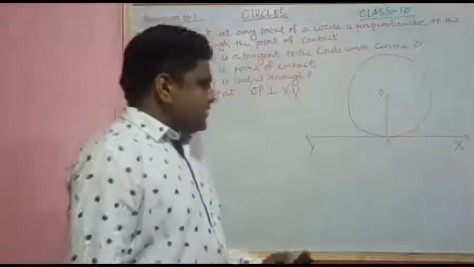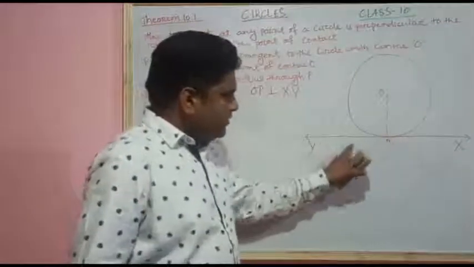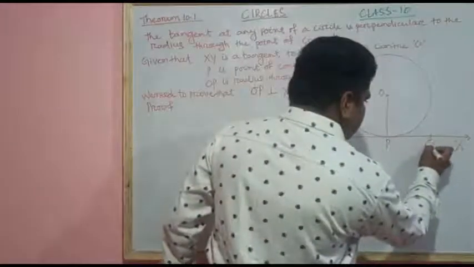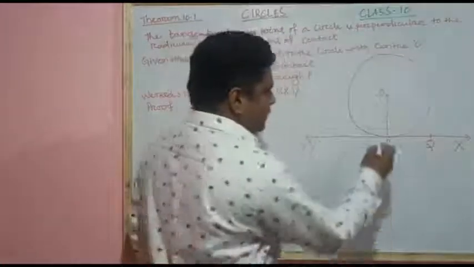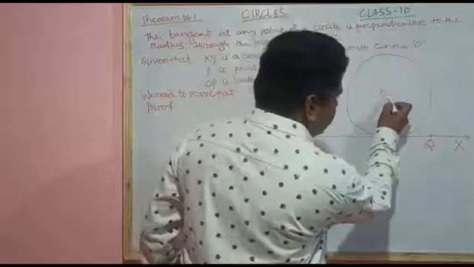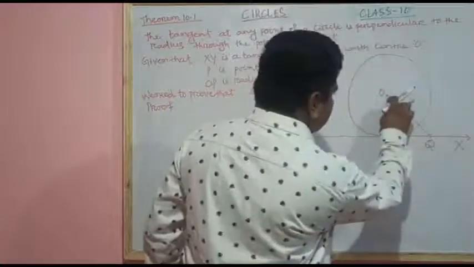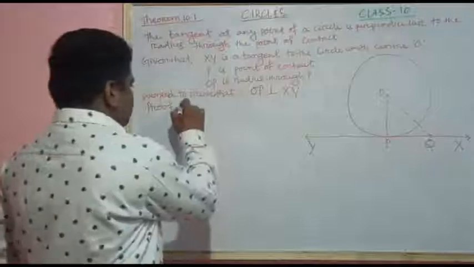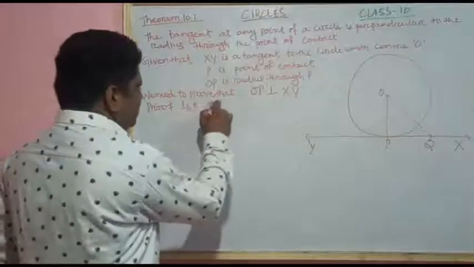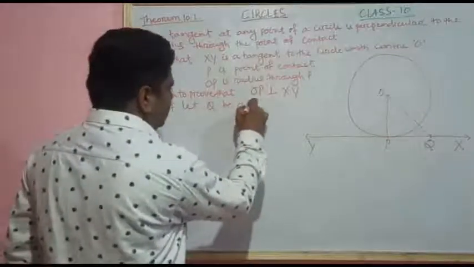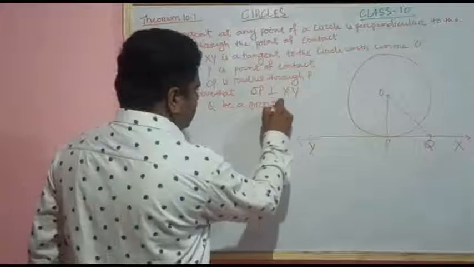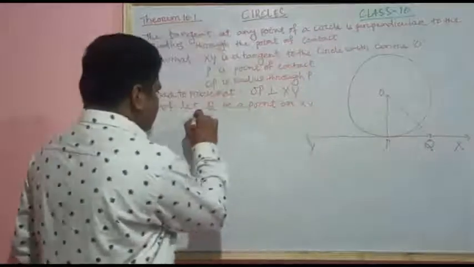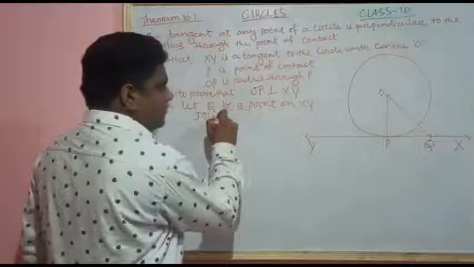For this purpose, let's take a point Q on XY and join OQ. Let's write this: let Q be a point on XY and join OQ.